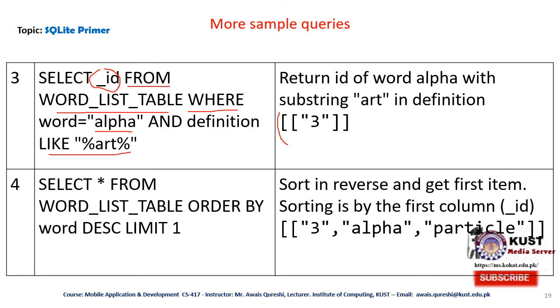Similarly, there is another query: select asterisk from word list, order by word descending for sorting purposes, and limit 1. Sort in reverse, and get the first item, because we have used this limit statement, and sorting is by the first column, ID. It will return the result in JSON format.